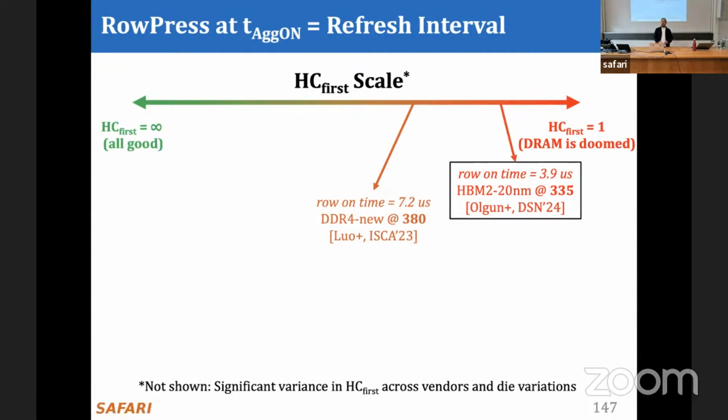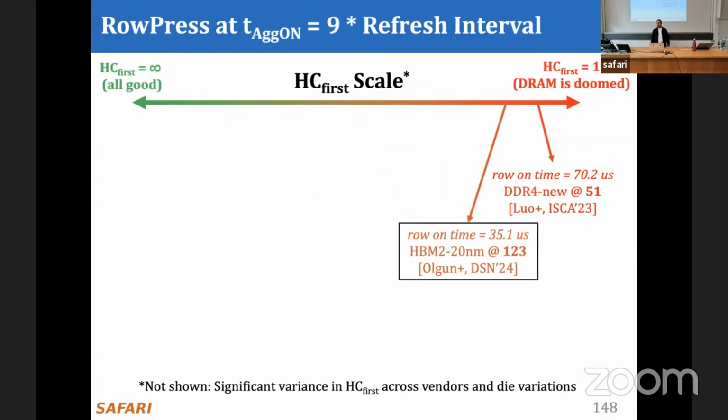And if you exploit the extended refresh rate, where you can postpone the refreshes, the story becomes like this. 51 activations is enough to induce a bit flip in a new DDR4 DRAM module, and 123 activations are enough to induce a bit flip in HBM2.